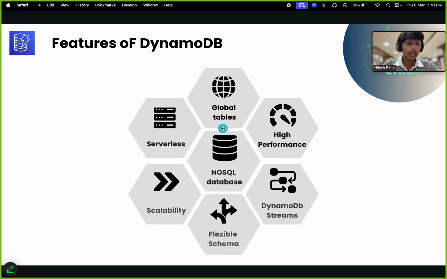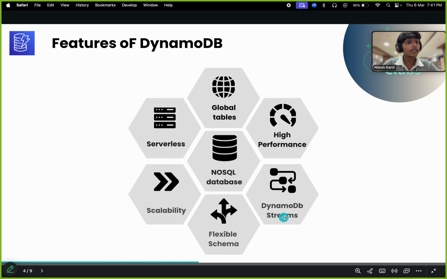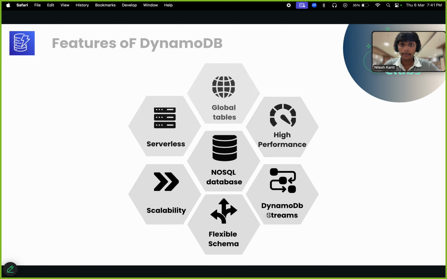It also uses global tables, which means that the tables can be replicated for higher availability. It is scalable and it also has a flexible schema. It also has a special feature called DynamoDB Streams, in which we can capture changes based on real-world data.